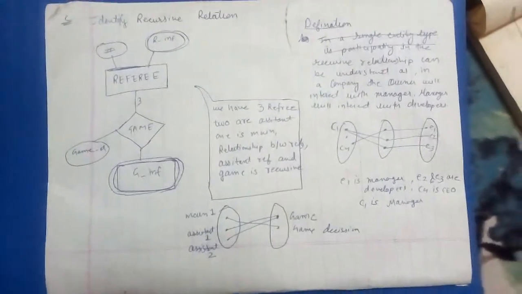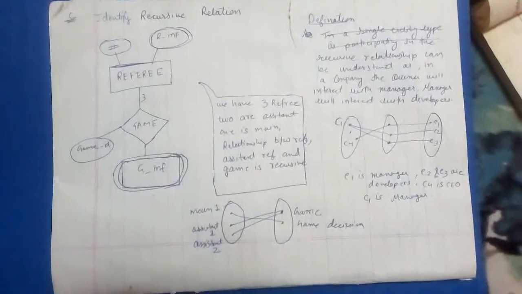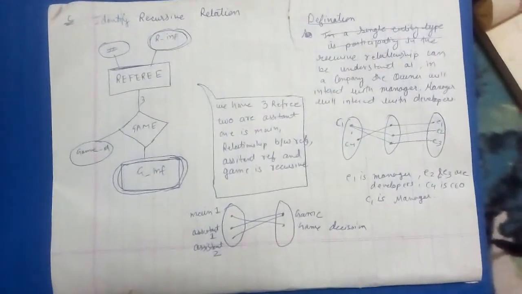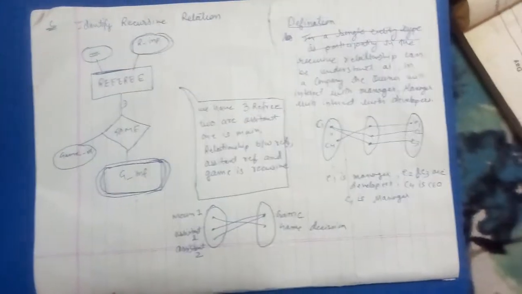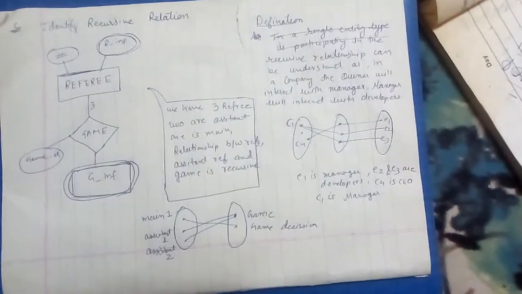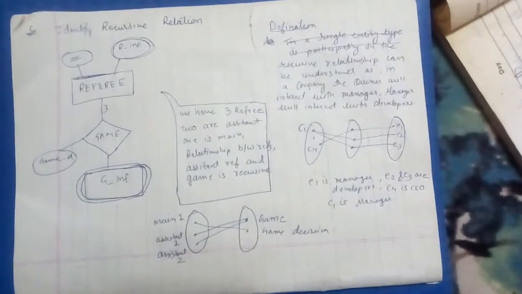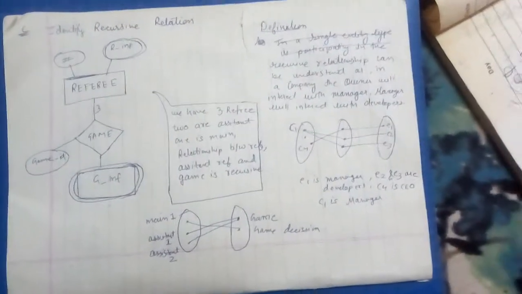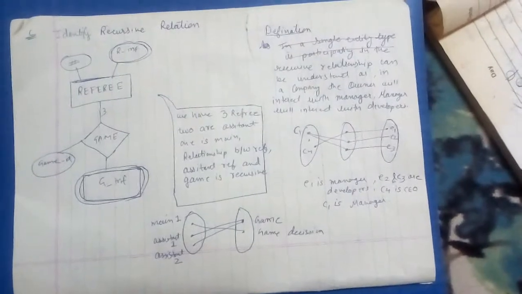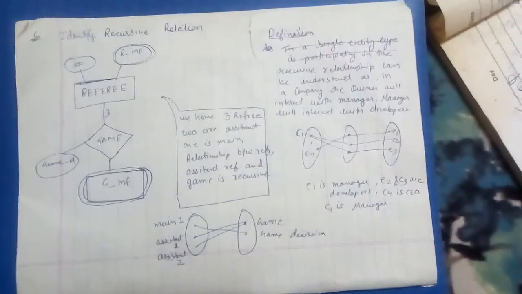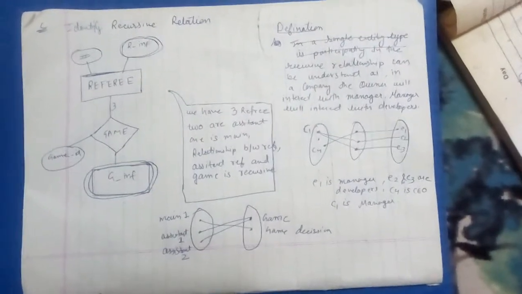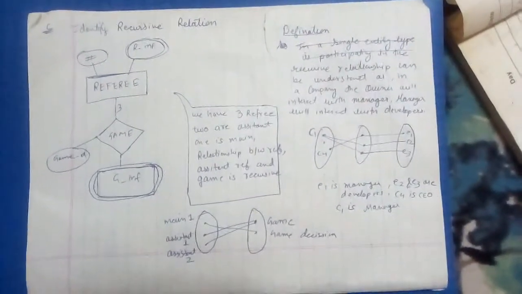The referee and the game relationship can be defined as a recursive relationship, because there are two referees under the main referee, and the main referee is the one who is actually looking at the game. The two referees are looking at the game but informing the main referee, so there's a recursive relationship between them.